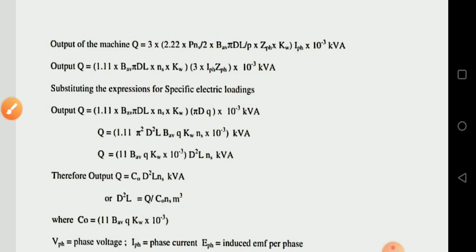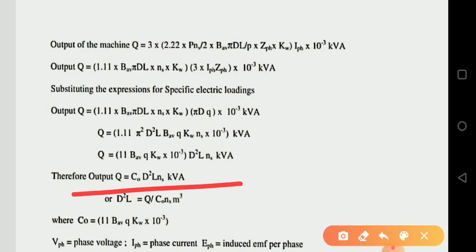The output equation becomes C naught into D square into L into ns, where ns is speed in RPS, in kVA. And here we can write the formula for D square L equals Q, the output, upon C naught into ns, in meter cube.